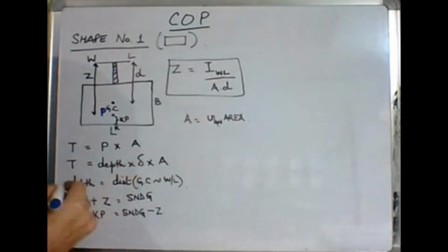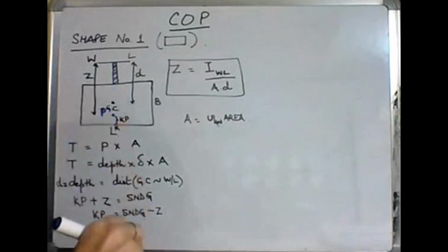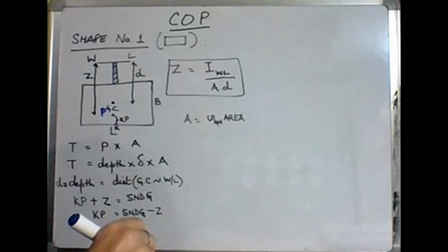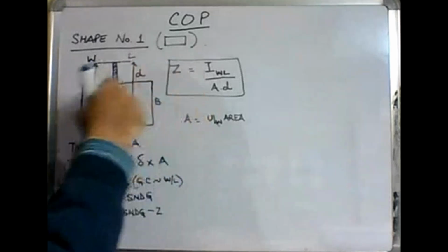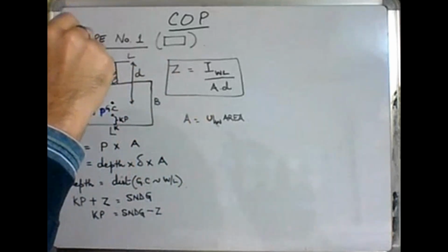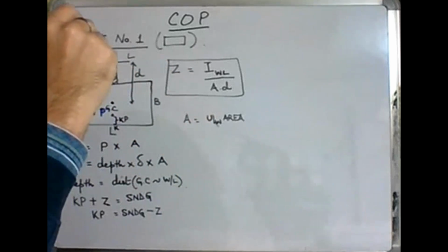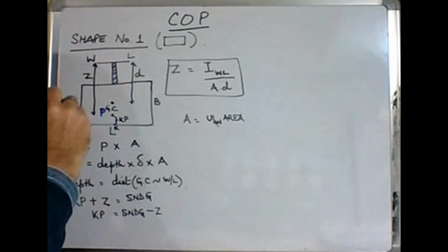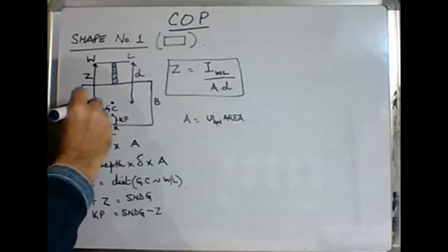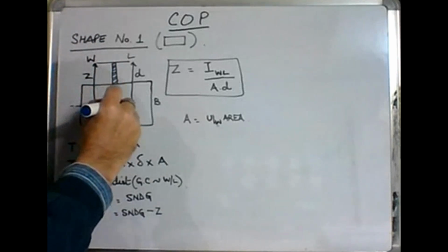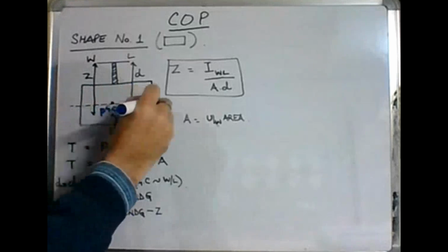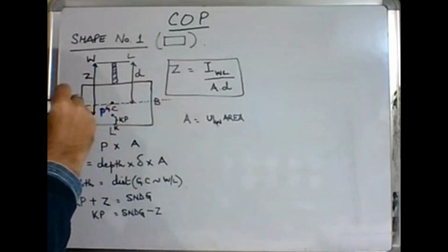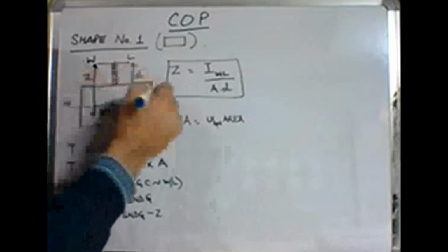D is the depth, which is the distance of the GC to the water line. अब ये I about water line को संभालते हैं. Now this is the axis which is going through the GC.